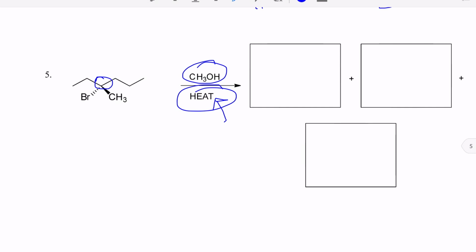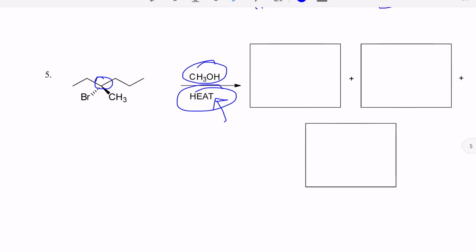And a tertiary carbon for a substitution reaction tells you something quickly right away. And that's that an SN1 reaction could occur, because we have a tertiary bromide, right? That tells us that an SN2 reaction would not work because it's a tertiary carbon. So there's a lot of steric repulsion, and that can hinder such a reaction from occurring.